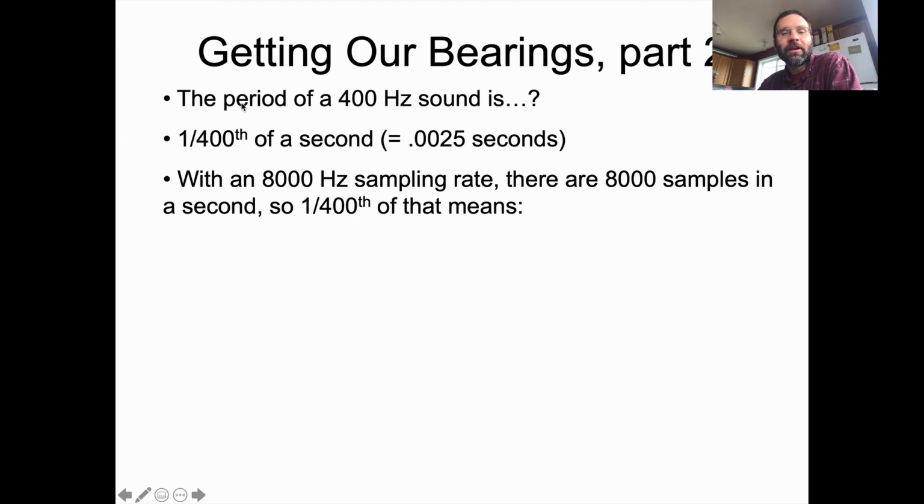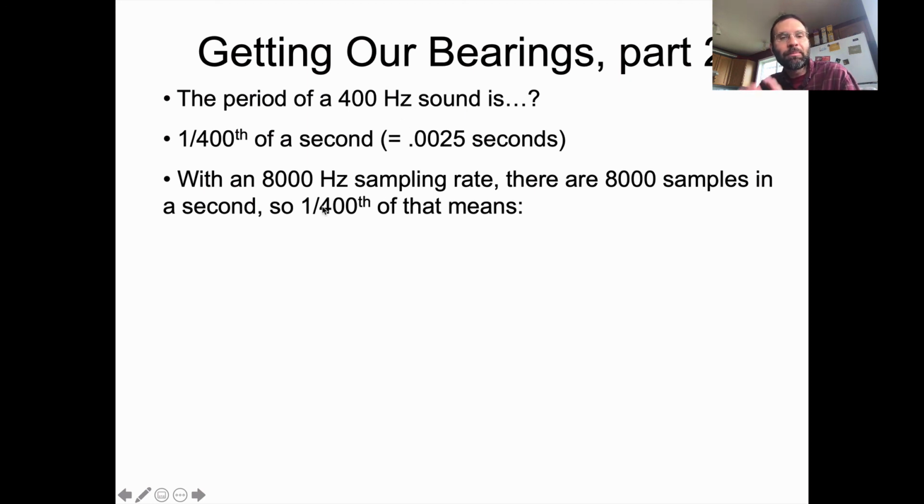Likewise, the reason I wanted to mention this is because now we can get a sense of how many samples we have to look at. So in this token, we have an 8,000 hertz sampling rate. So there are 8,000 samples in a second. The token itself is longer than 1 second. But for our purposes, I'm trying to figure out whether or not 400 hertz is the actual frequency of the sound at some point in time.